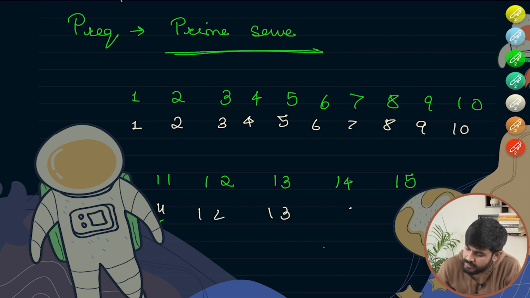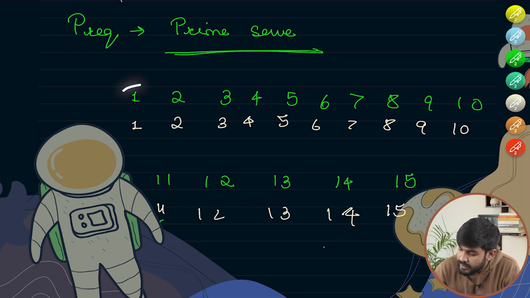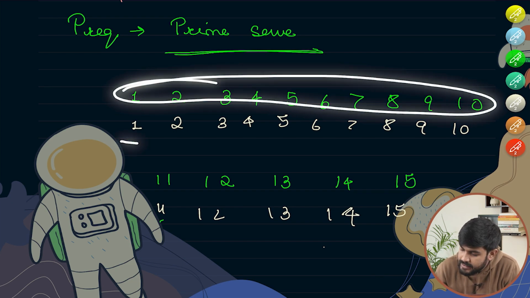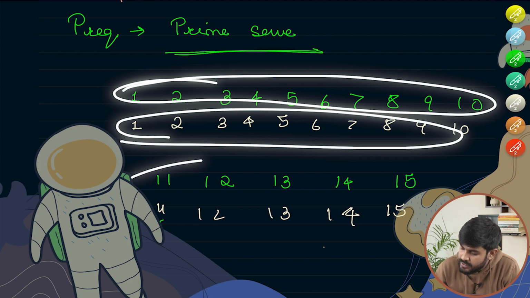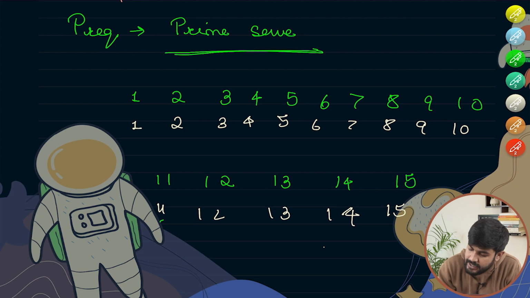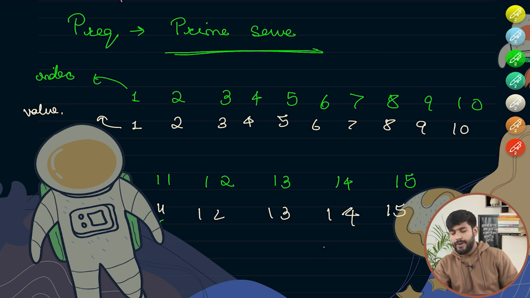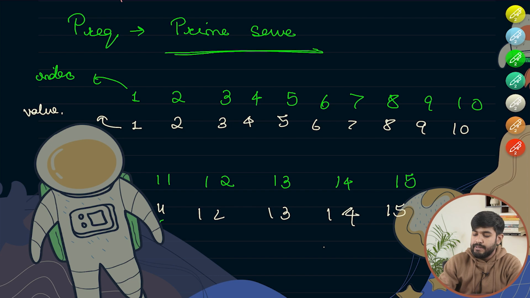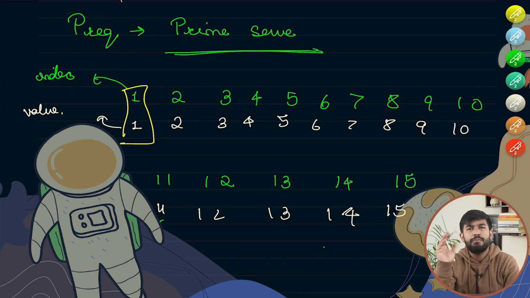These are the indices and these are the values. To have a better understanding, this is the index and this is the value of the array itself.